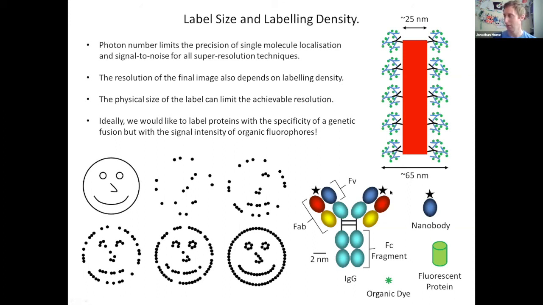So a better option would be something like a nanobody, and you can get nanobodies, which are these really tiny antibodies. You can get nanobodies against things like GFP, so you can express your protein as a fusion with GFP, which is still quite small, and then detect it with this tiny nanobody, which itself is labeled with an organic dye. And then that enables you to basically minimize the physical size of the label and achieve the resolution of the microscope.